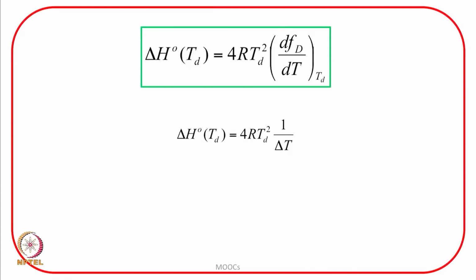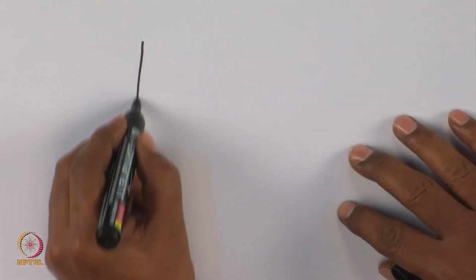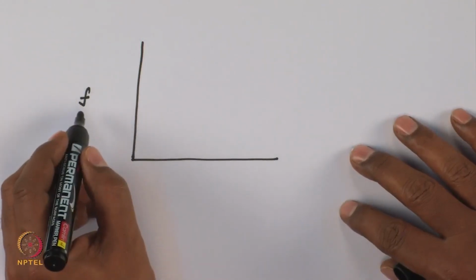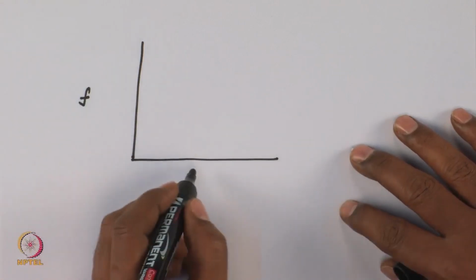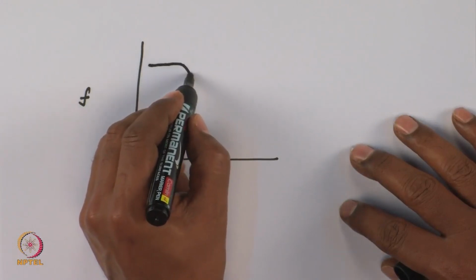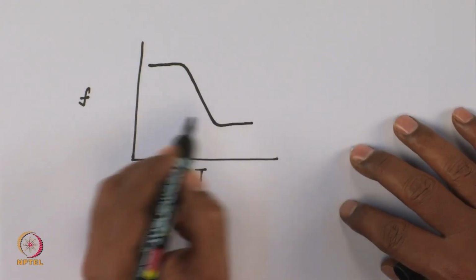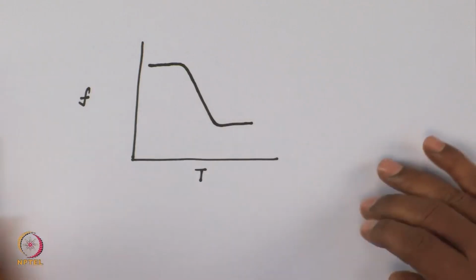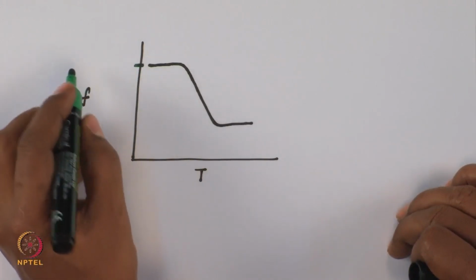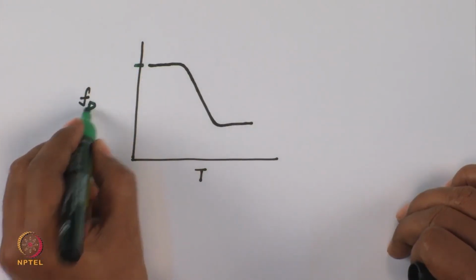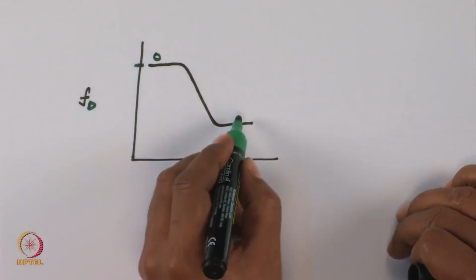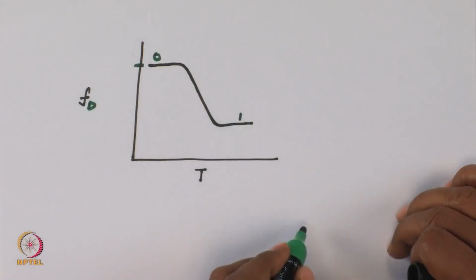If we are considering a two state transition and let us say we are plotting the fraction of denatured state against T, and the change is happening like this, with fraction denatured 0 over here and fraction denatured 1 over here.